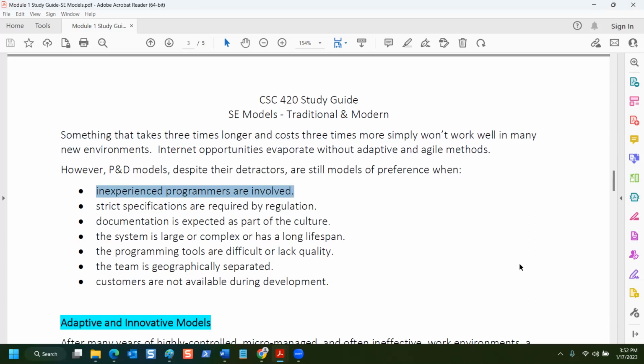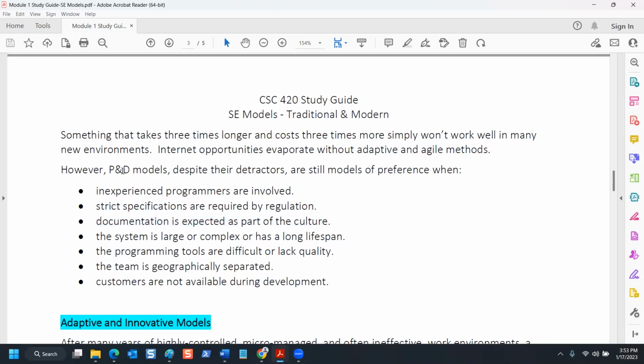You do not have access to a strong team manager. Strict specifications are required by regulation. So the US government says, I don't care what you're doing, HIPAA, you have electronic health records, you have to do this. Documentation is expected as a part of the culture.